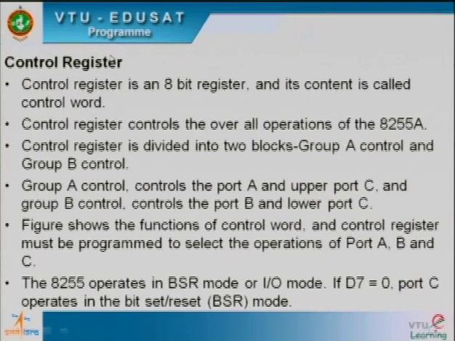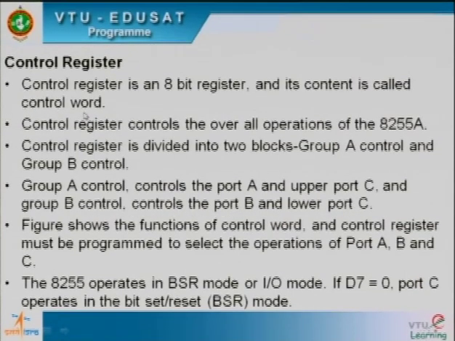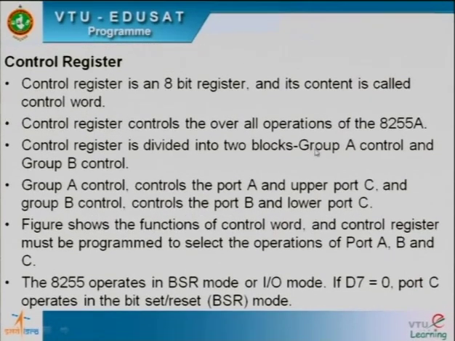So as we said, let us have a little discussion on the control register. This control register is an 8-bit register. Its content is called a control word. This has control over all 8255 operation.